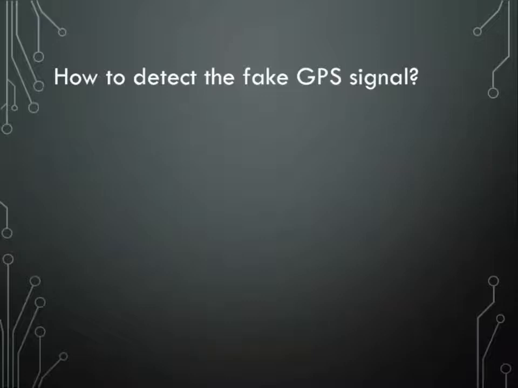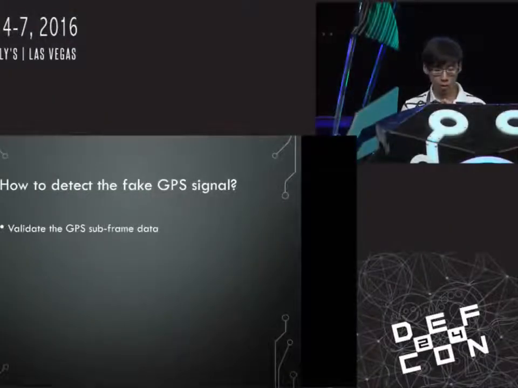And I want to introduce how to detect the fake GPS signal. One way is to check the GPS subframe data. The subframe data is data sent by GPS satellites, which contains the satellite track information.